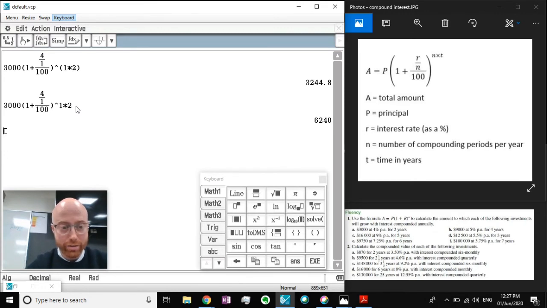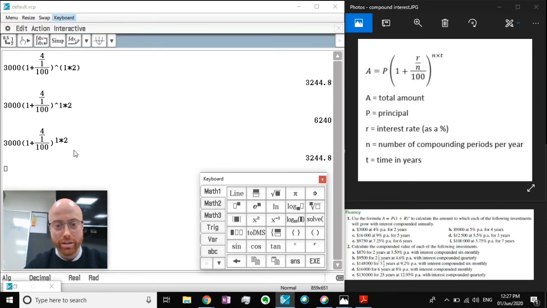There is another way to do it, and that's to use the actual exponent button here where my mouse is. When you press that, if you put 1 times 2 here, that'll give you the correct answer. Okay? So pick either the first one or the third one.